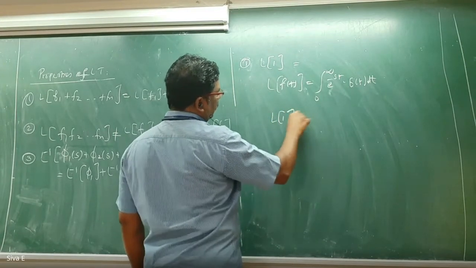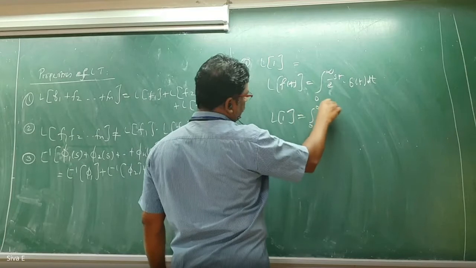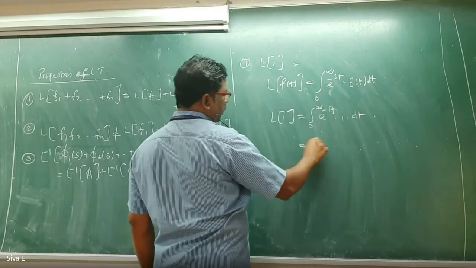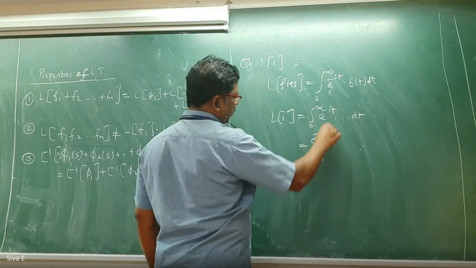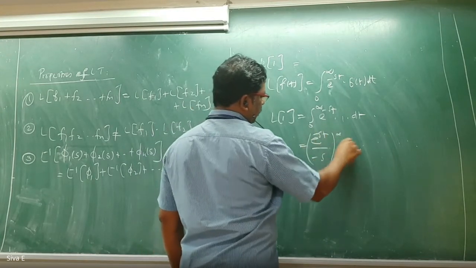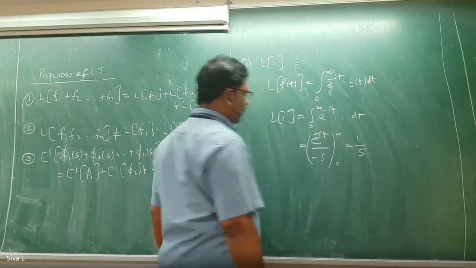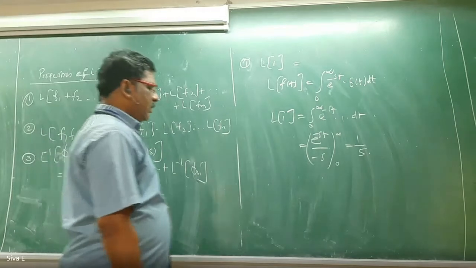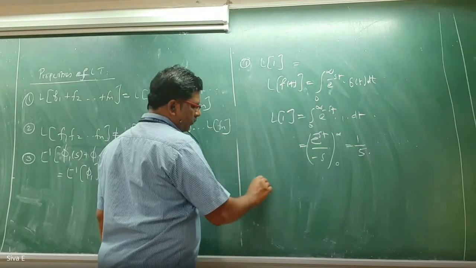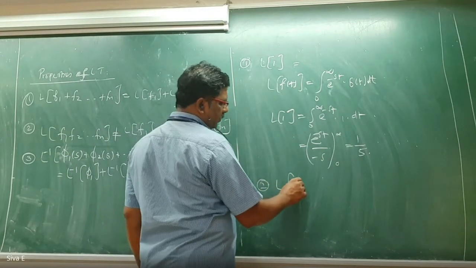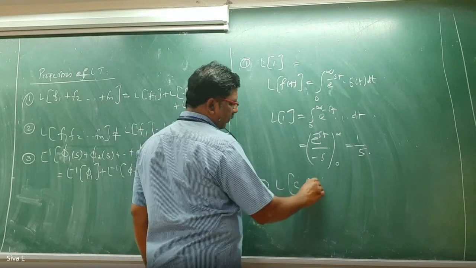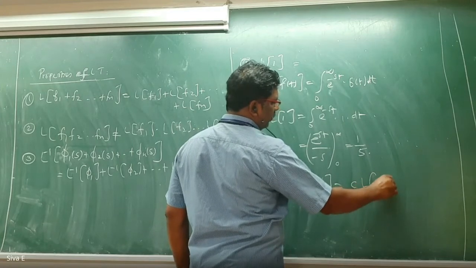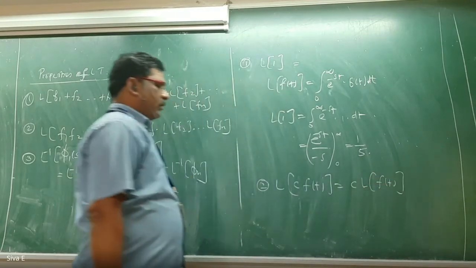That is equal to 1 by s. So the Laplace transform of 1 is 1 by s. For a constant, the Laplace transform of a constant times f of t equals the constant times the Laplace transform of f of t.